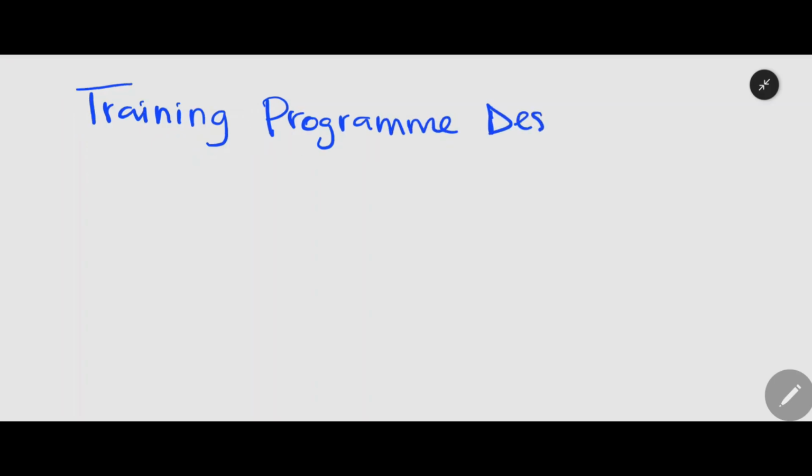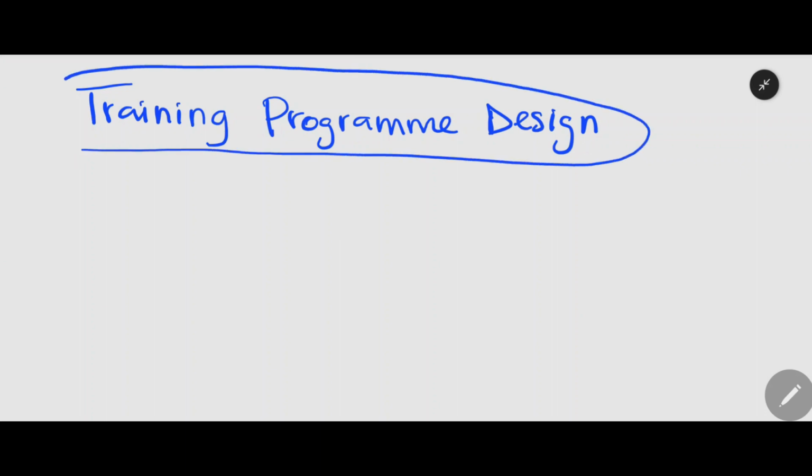Okay, we are almost at the end of this video. Our final topic to look at is training program design. So now we're going to look at the principles of training. We have frequency. This is just how often.